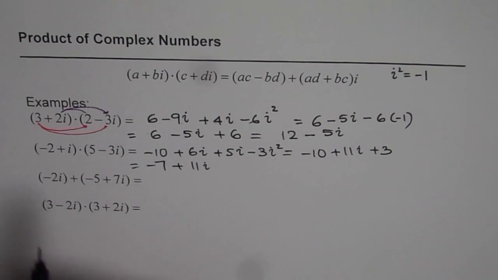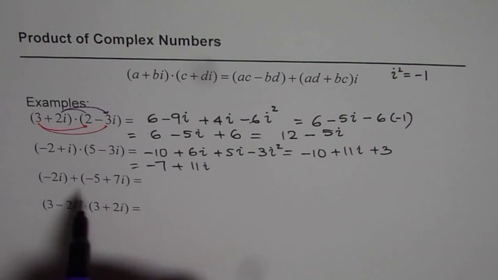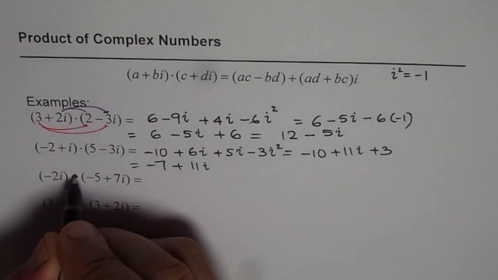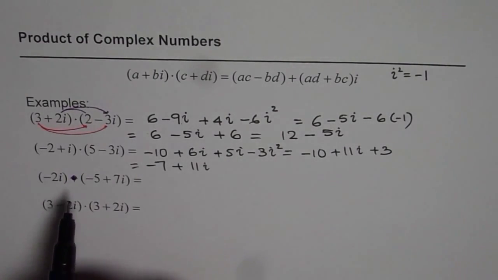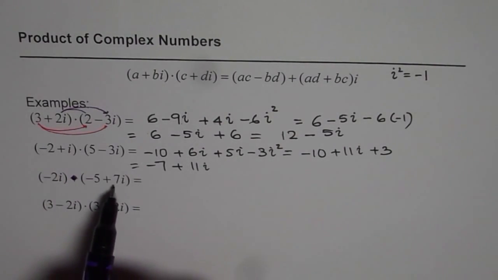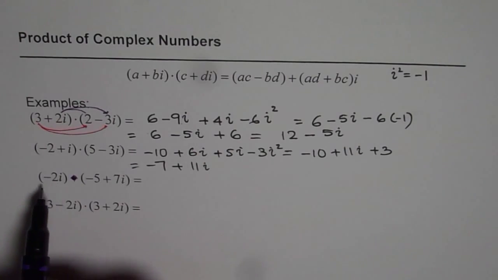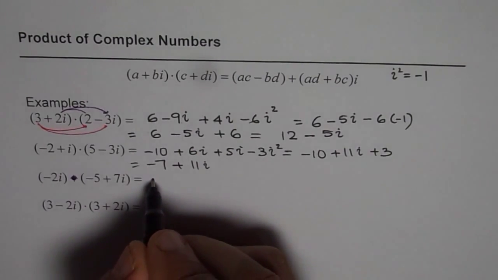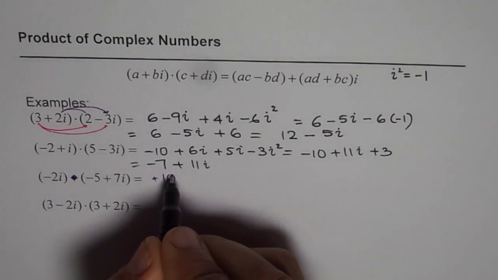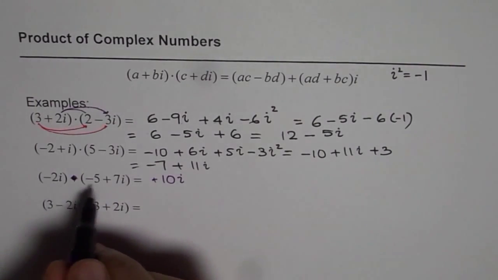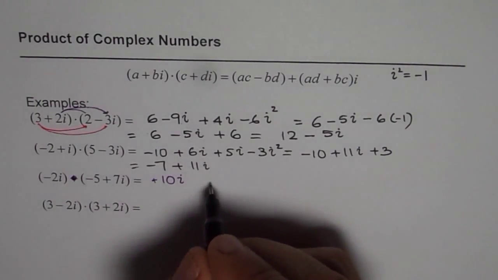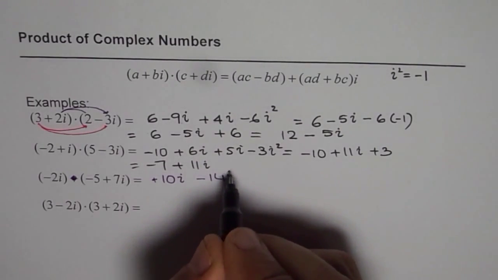Let's do the next one, which in this case I have written as, let me make it product, right? We are doing products at present. We are going to multiply the binomial by −2i. So minus and minus is plus. So we get plus 2 times 5 is 10i, and −2i times plus 7 will give us −14i², right?